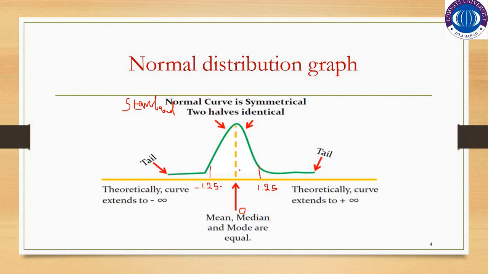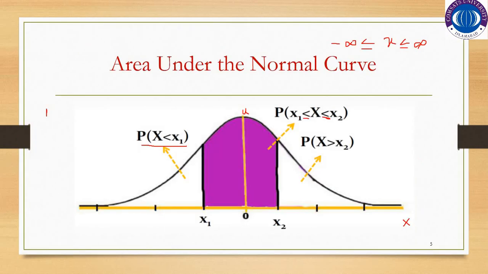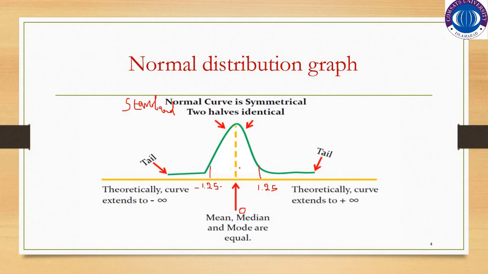As you know from the table, the area between 0 and 1.25 is 0.3944. This side is identical to this side. This one is 1.25. This one is minus 1.25.